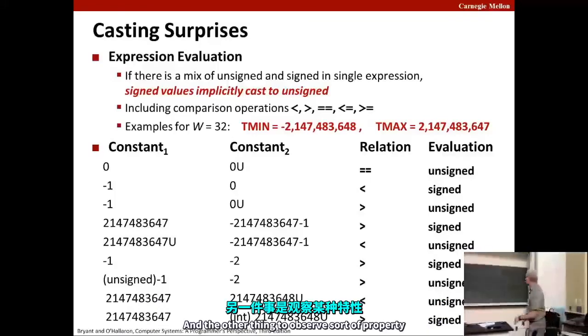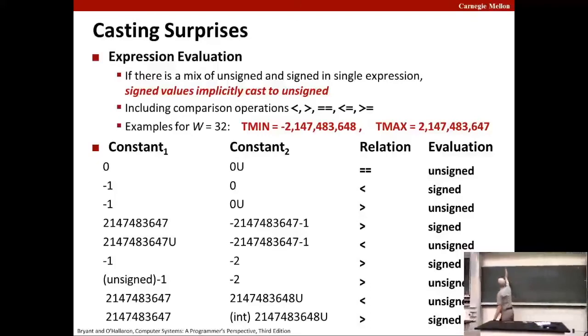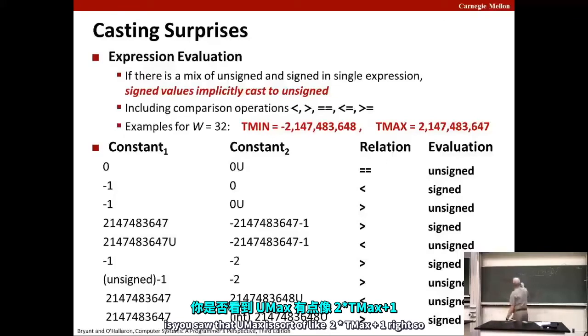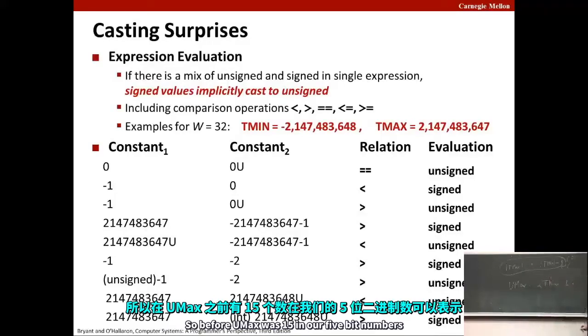The other thing to observe is that U max is twice T max plus 1. Before, U max was 15 in our 5-bit numbers.